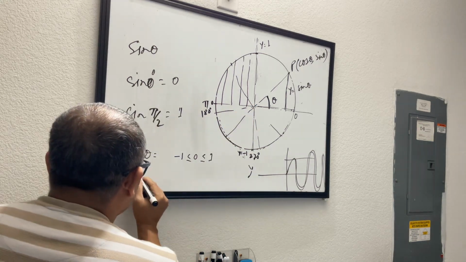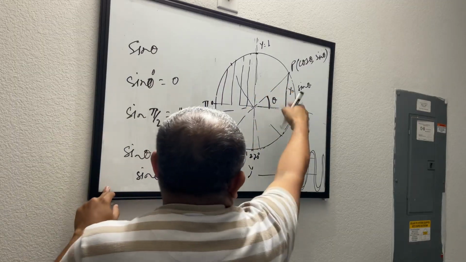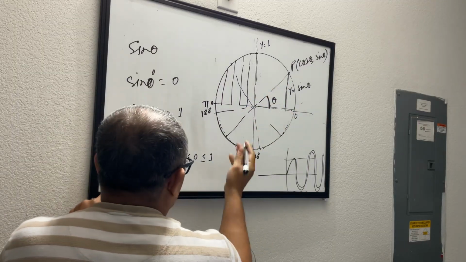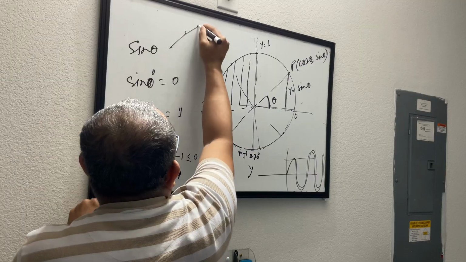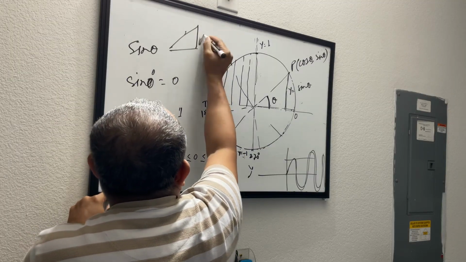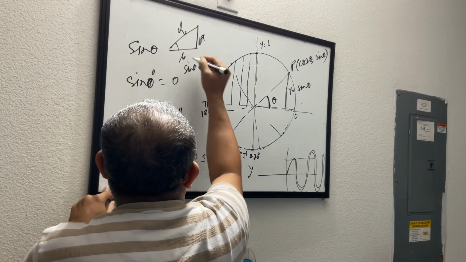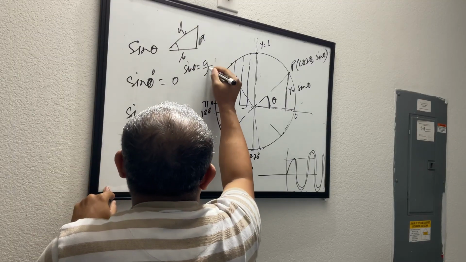So here, when I look at sine theta equal to y, let's say in a right angle triangle, this is A, B, and this is the hypotenuse. Sine of theta is equal to A over h.